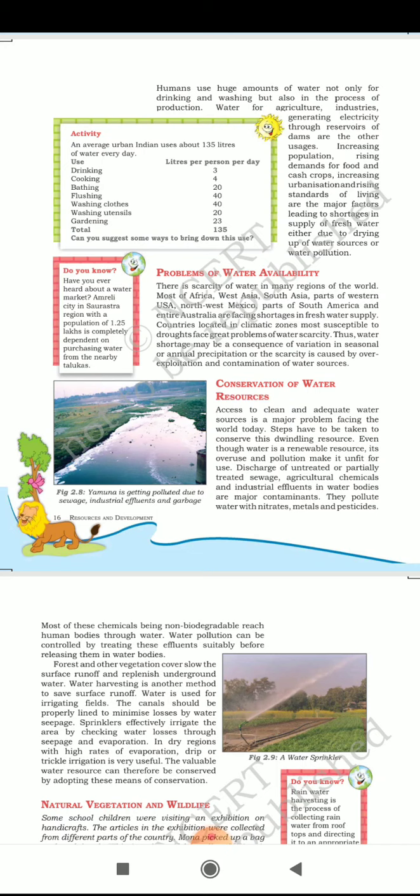Elephants are also found in the forests of peninsular India and in Assam. So, the Asiatic lion is found in the Gir forest of Gujarat. Which animal is found here?